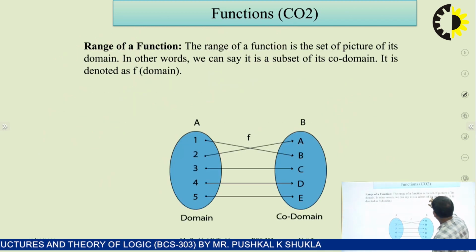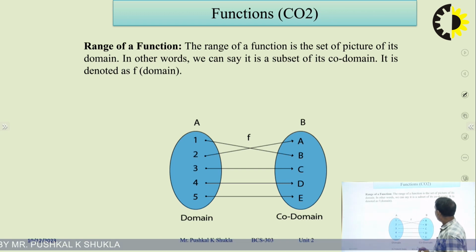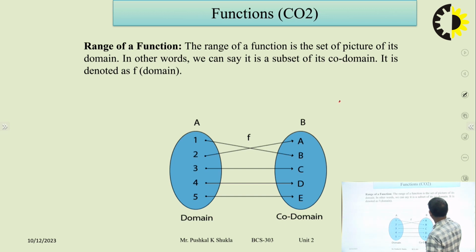The range of the function is the set of the images of its domain. In other words, it is a subset of its codomain. Range is a subset of codomain. For example, here set A and set B are there. 1, 2, 3, 4, 5 are the elements of the domain of f.